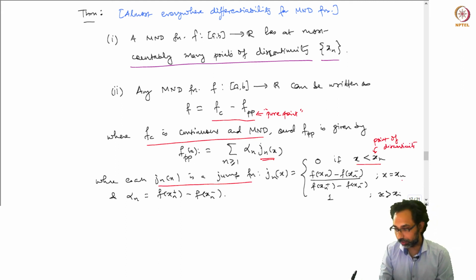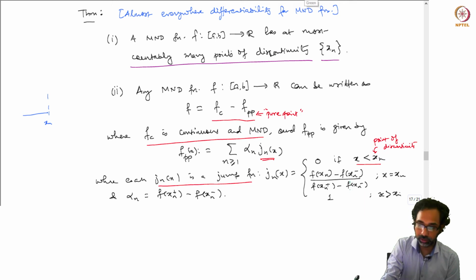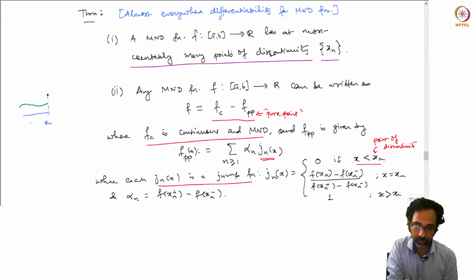And at the point of discontinuity, it takes the fractional value of the jump that f has. So for example, if this is xn, then f comes from the left of xn, but it might take a value strictly higher than the left hand side limit.